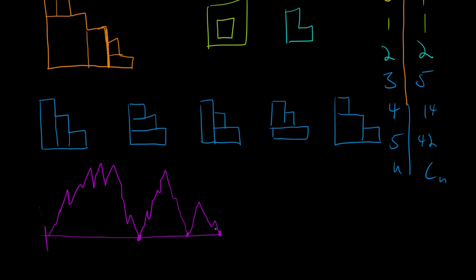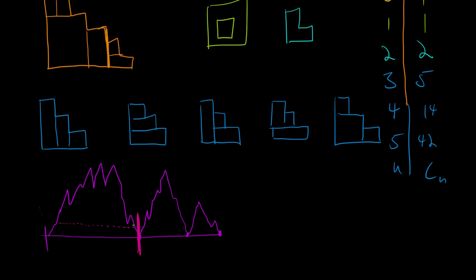It may wait all the way until the end before it touches again, but it will have a first time that it touches the horizon again after it starts. So the key here is to use that as a bisection point and partition this mountain range into two parts. There's this part that happens before the first touch, and then there's another part over here that happens after the first touch.